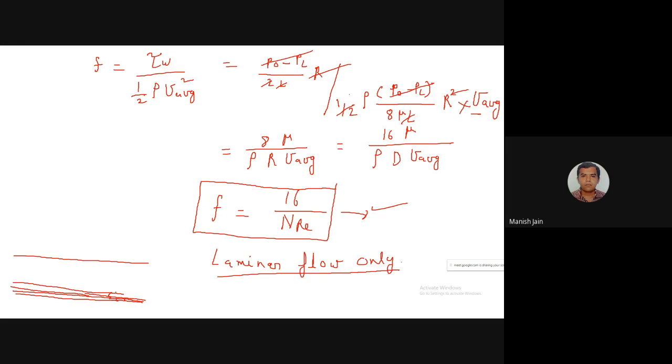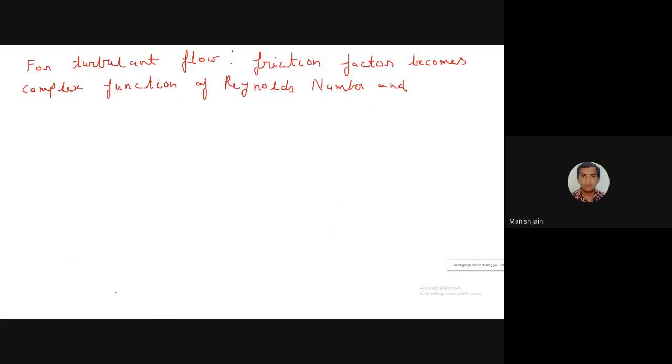But when you have turbulent flow, then it becomes a complex function of the Reynolds number, as well as the characteristics of the surface, or the surface roughness. Okay, so how do you define the surface roughness?